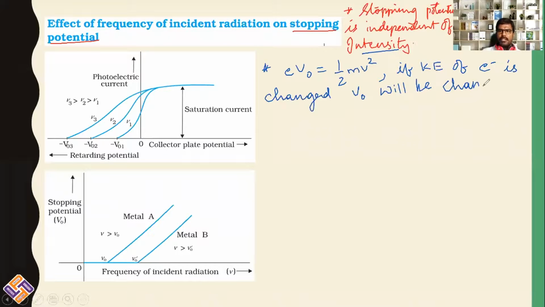If you want to change stopping potential, you need to change the kinetic energy of the electrons. The kinetic energy of the electrons can be changed by the frequency of incident radiation.